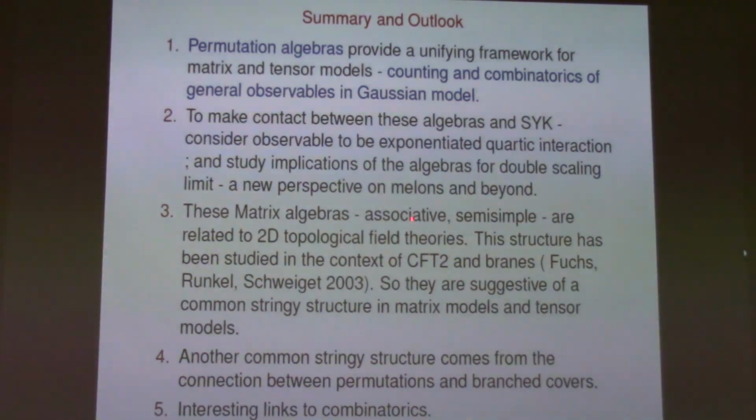Nice associative algebras. This kind of algebraic structure is studied in the context of CFT2 and branes. And also in Alberto's talk, algebras and modules were related to branes. So this kind of hidden algebra structure is related to branes and string interpretation. So this is suggestive of a common stringy structure in matrix and tensor models.